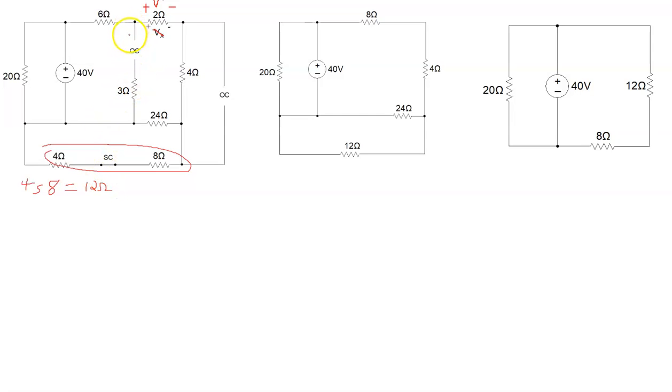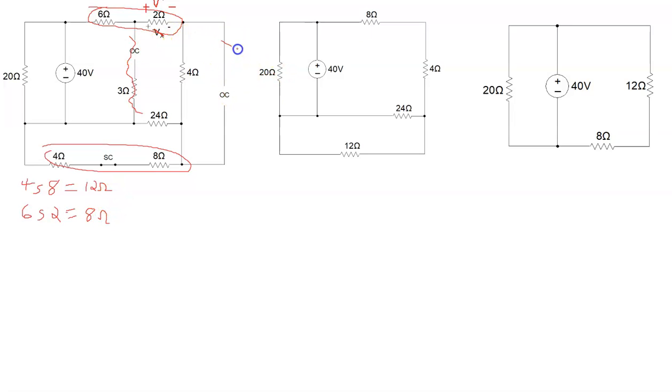This one, we're ignoring this one, right? Up top here, we have a 6 and a 2. And so 6 in series with 2 is equal to 6 plus 2, of course, and we have 8 ohms.